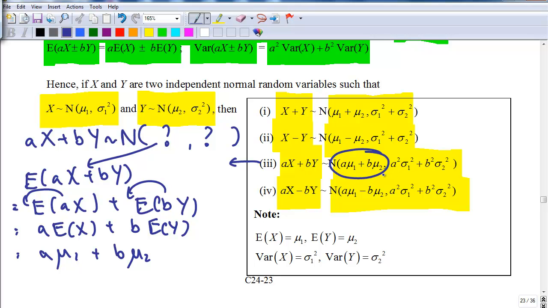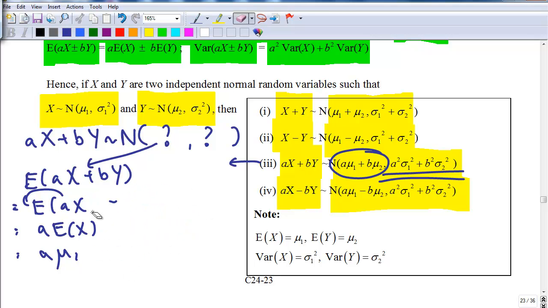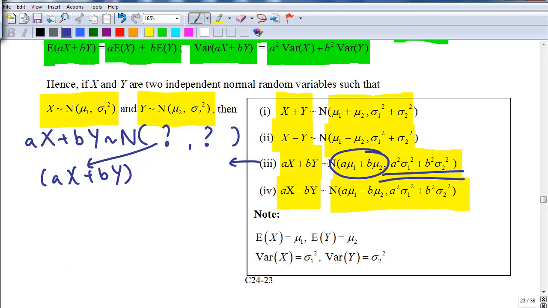Okay? Now let's take a look at the variance. Okay, now I want to find what this number is. Now the variance of aX plus bY. Okay, let's do it step by step again.